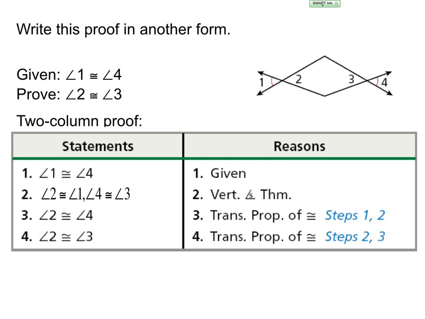Last line. Angle 2 is congruent to angle 3 by transitive property of congruence. Which ovals do I need to connect? Transitive has to have a repeater thing. These are all different. We really can't connect those with transitive. You need an angle that's the same to do the transitive. Abby?